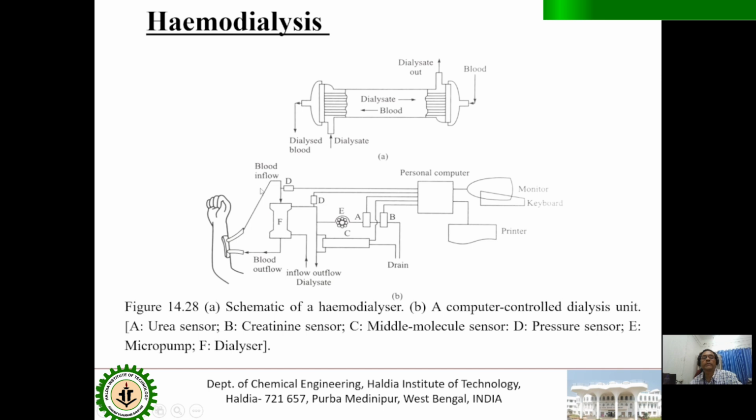From the body, blood is coming into the dialyzer, as I mentioned earlier. You can see from the above schematic diagram the dialyzer, and the dialyzed blood with the essential nutrients is going back into the body, and the dialysate is coming out.